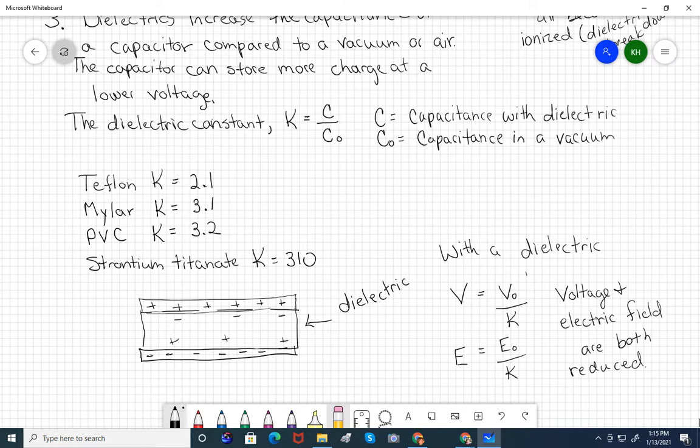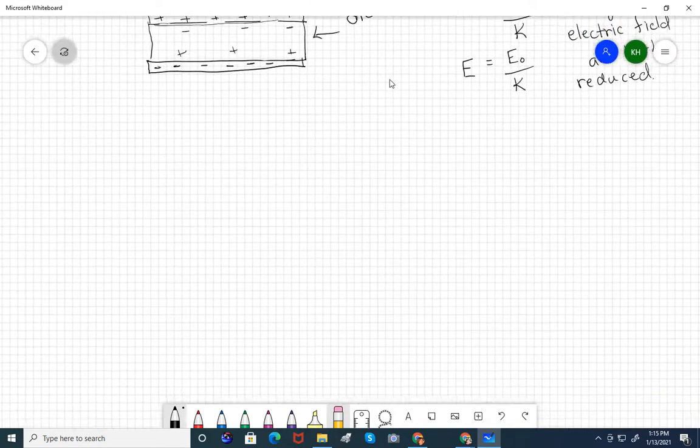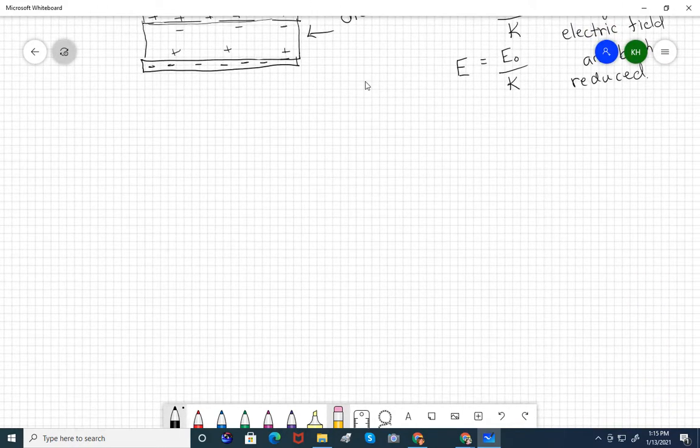Let's do a problem. Let's start with an air-filled capacitor. An air-filled capacitor we treat the same as a vacuum-filled capacitor. There's not a lot in the middle.